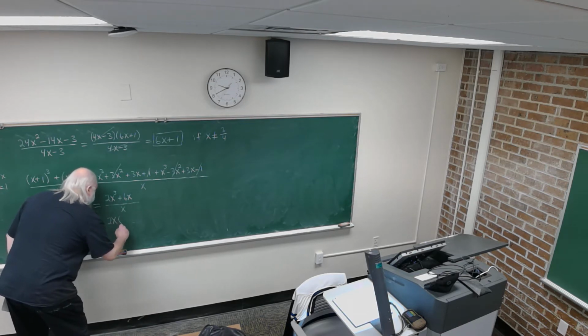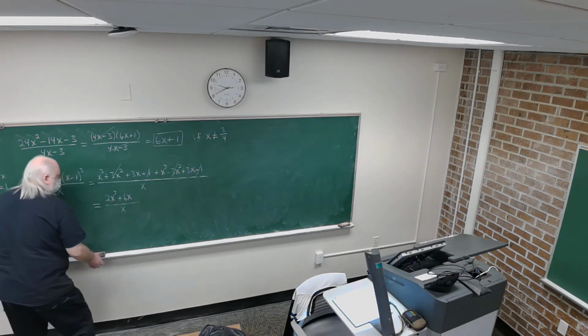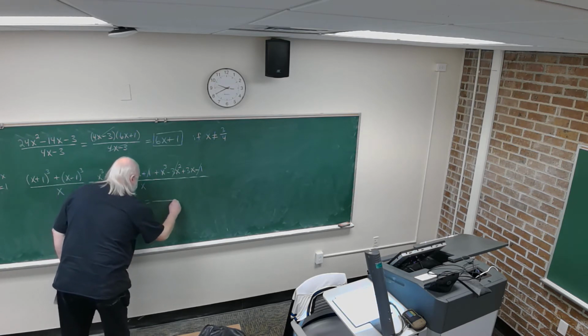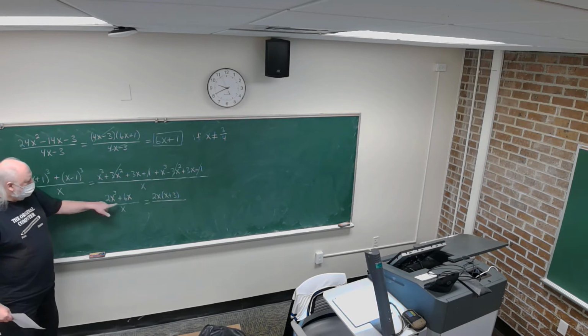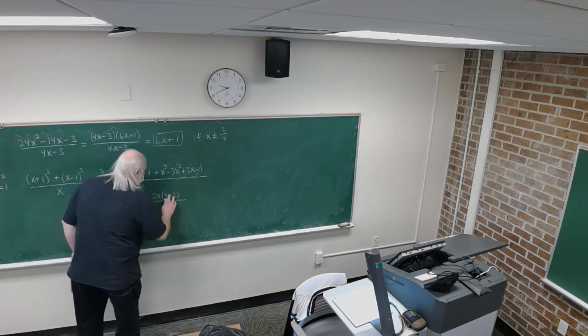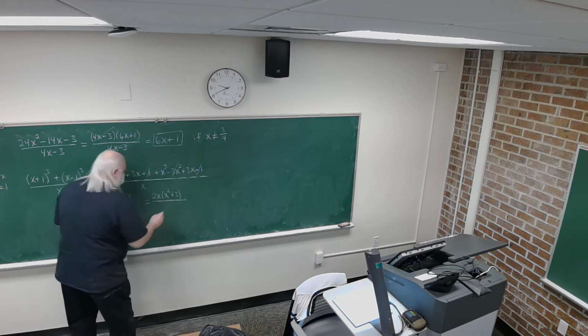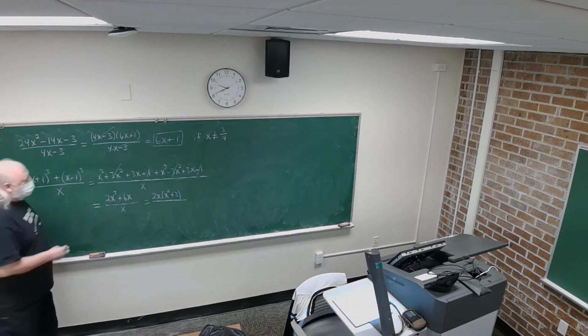You have 2 times x squared plus 3. I can factor out a 2 from those two terms, and I can factor out an x from those two terms. Excuse me, this should be x squared plus 3. Divided by x.